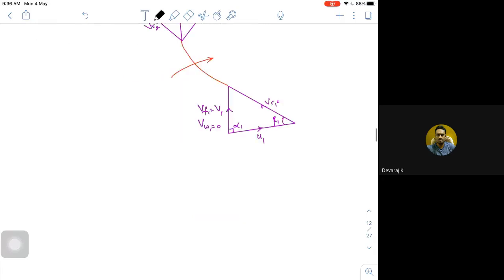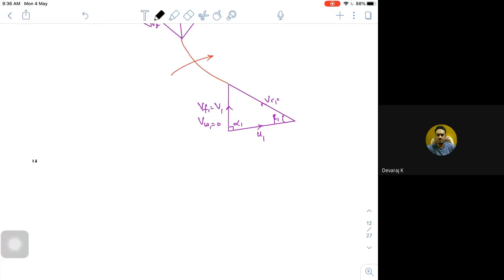So what is the formula to find U1? We already know that U is equal to pi d N by 60.